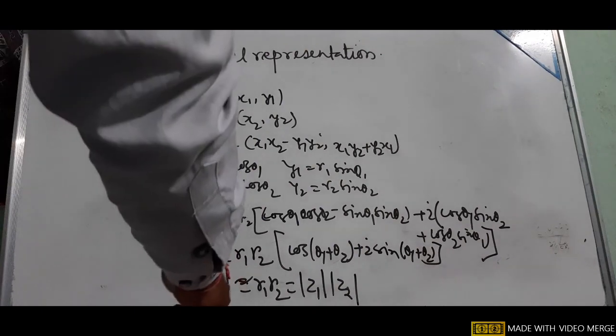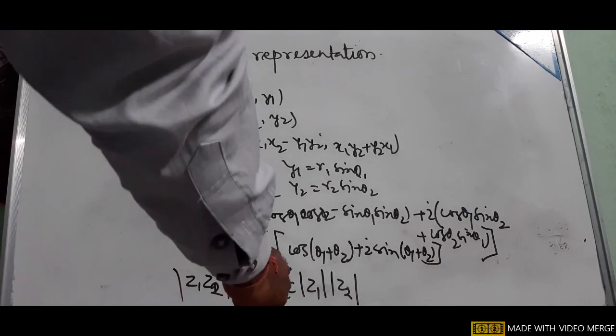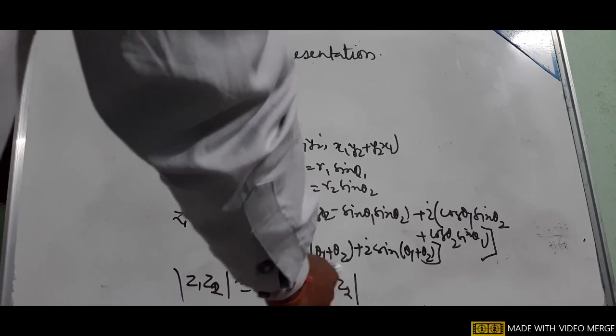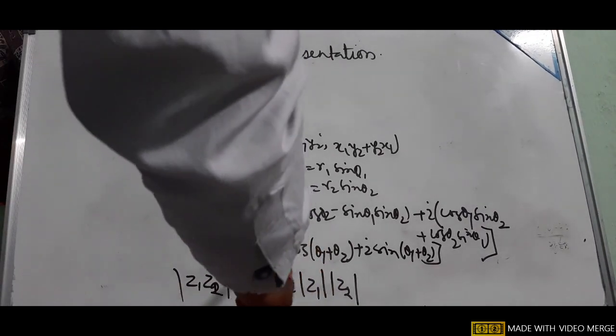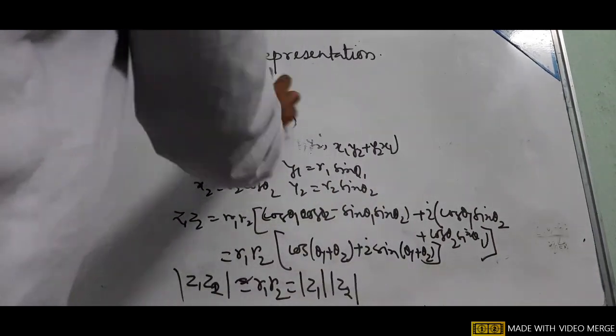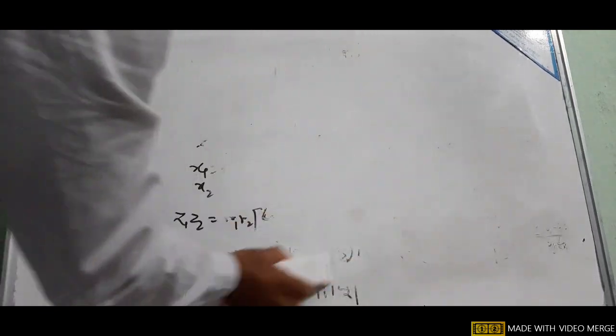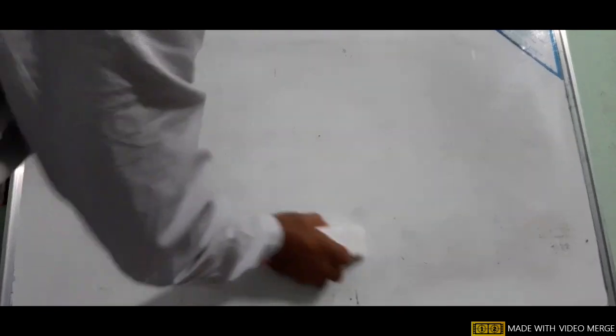So the modulus of the product of two complex numbers is equal to the product of their moduli, and if you find the argument of the product, then this argument is the sum of their arguments.